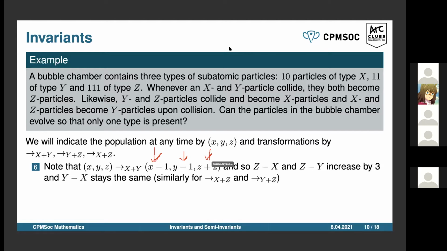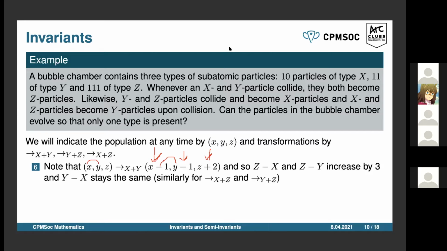Now we can look at z minus x. So z minus x and z minus y are going to increase by 3. If you look at y minus x, this minus this is the same as this minus this. So these will be constant.